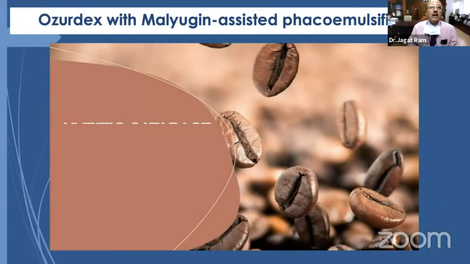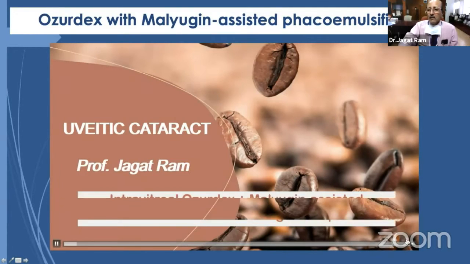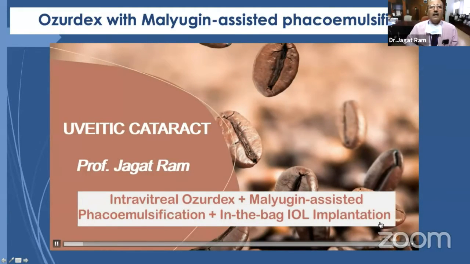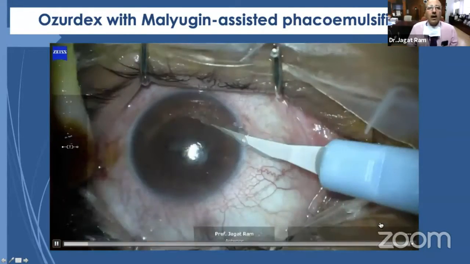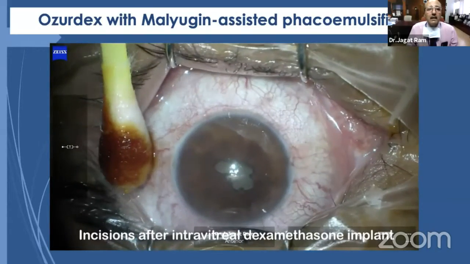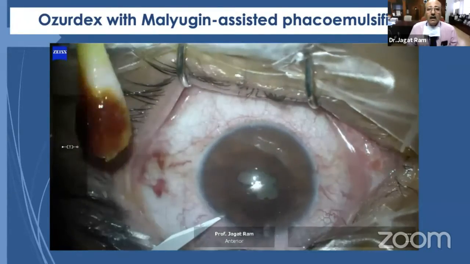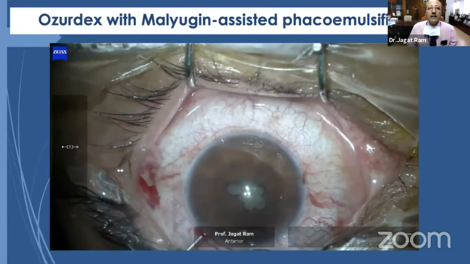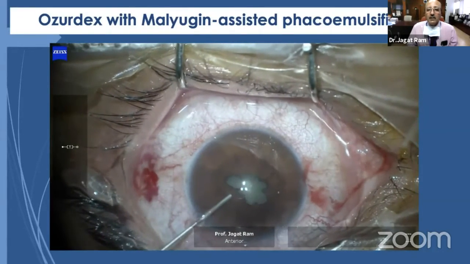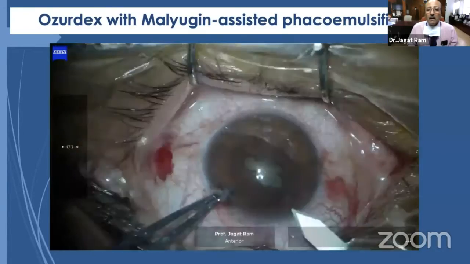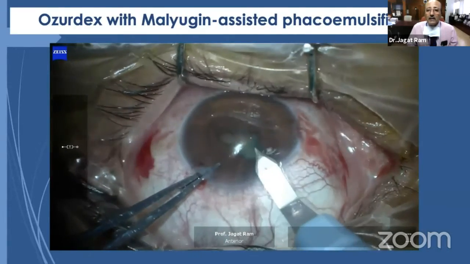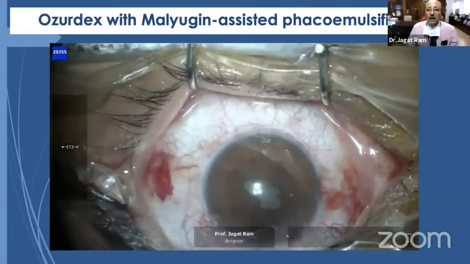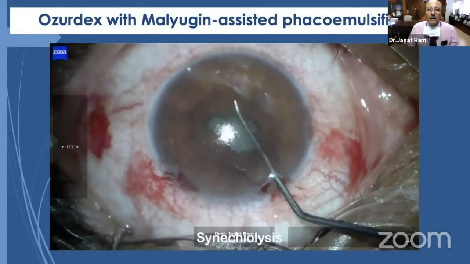And this is our video. Here we have done injection of the Dex implant into the vitreous cavity, and this is how we do synechiolysis. The pupil is too small.